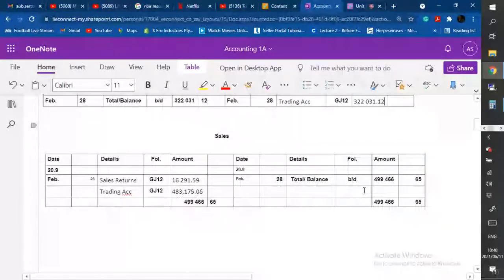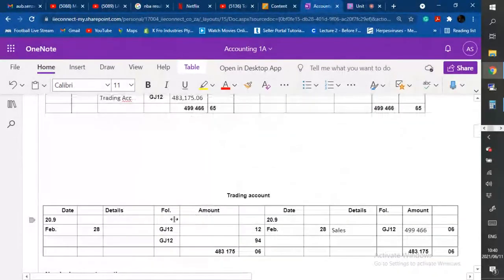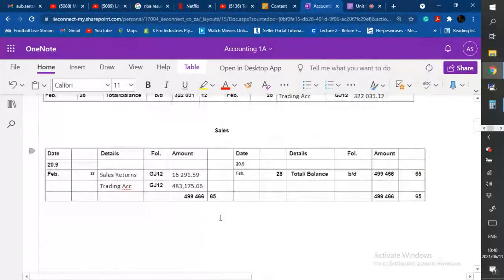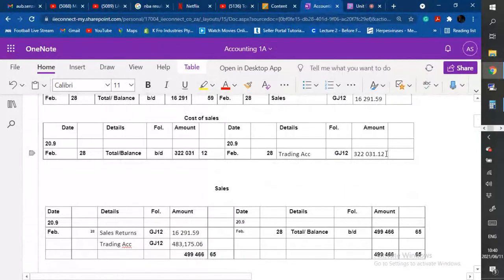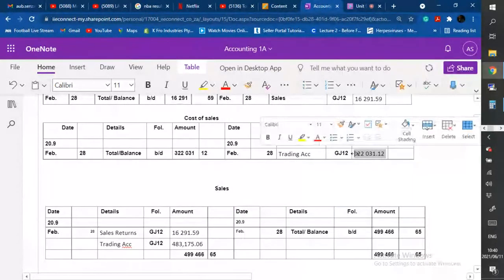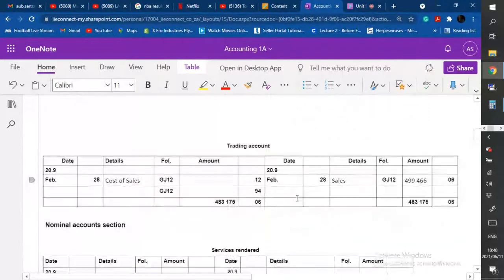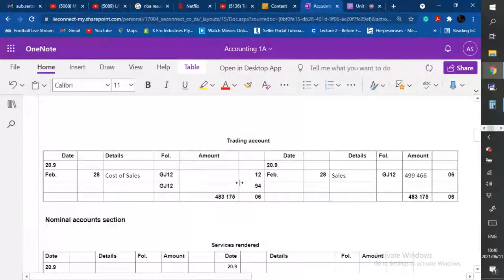So in the trading account, we're going to need to debit. So here we say cost of sales. Maybe let me just copy and paste the amount this time. Okay, so there we go.